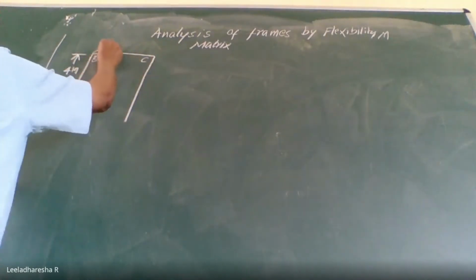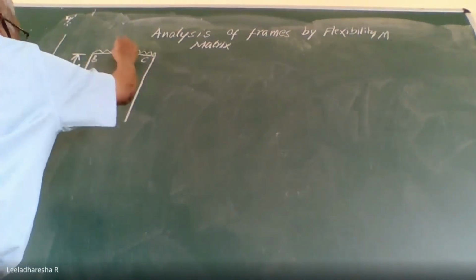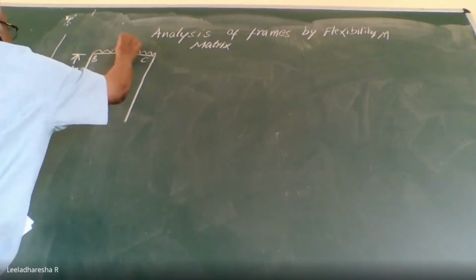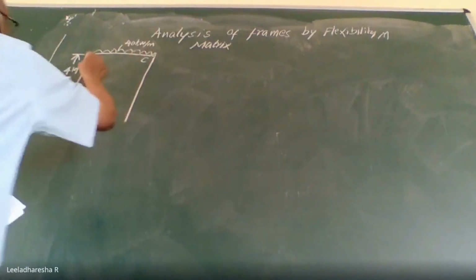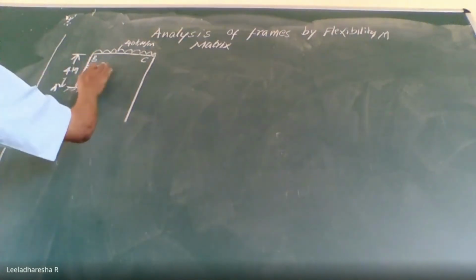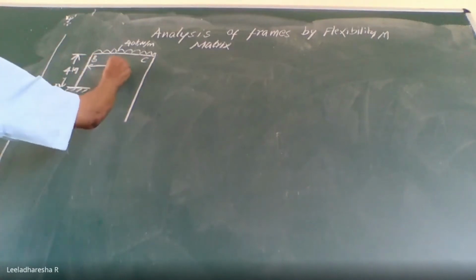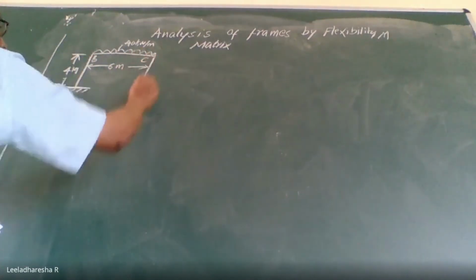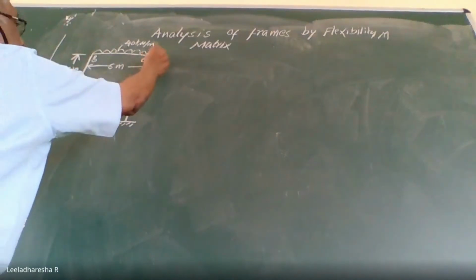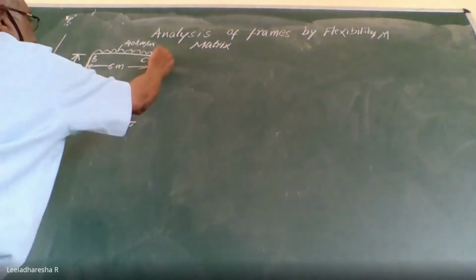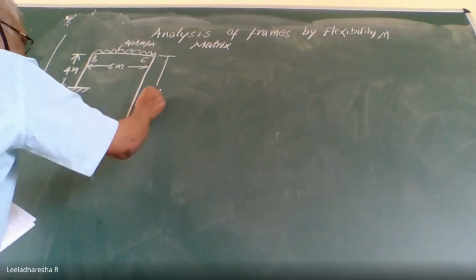BC is the beam which carries a uniformly distributed load of magnitude 40 kilonewton per meter, and the span of this member is equal to 6 meters. Then column CD is also on a fixed support and the height of the column is taken as 6 meters.